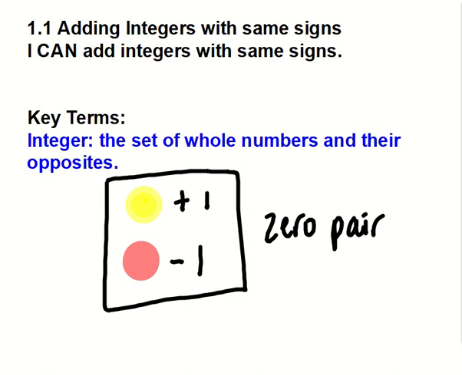All right, now we're going to get into it. We are going to use the counters for 3 plus 4. This is the most basic addition problem that you learned back in, I believe, 2nd grade. To represent this with counters, remember that we are going to use yellow counters for positives and red counters for negatives. If I look at my first problem, I have 3, which is my first integer, and it's a positive.